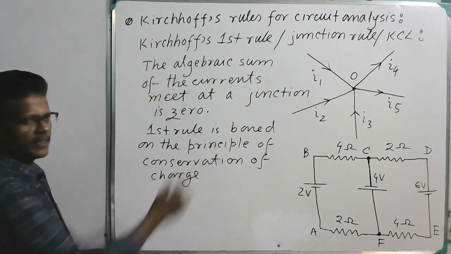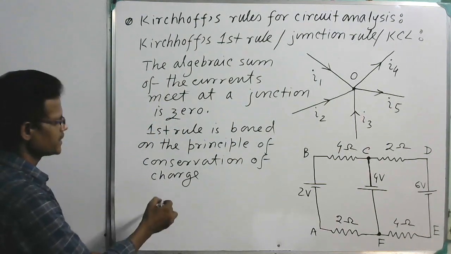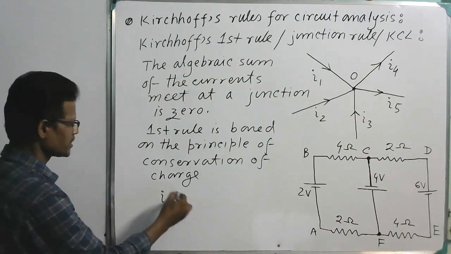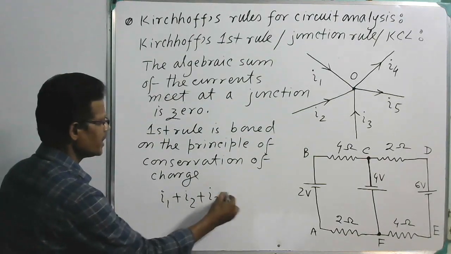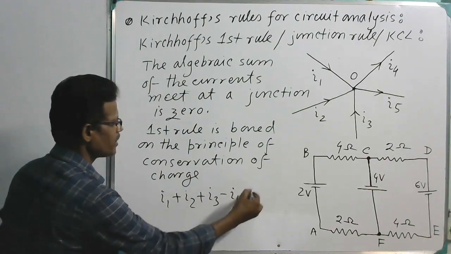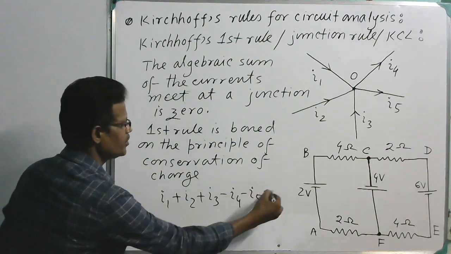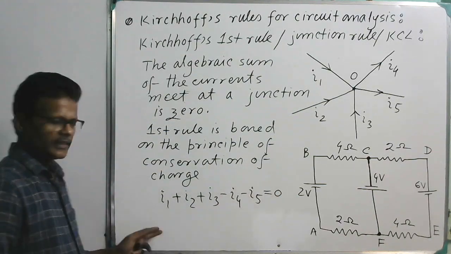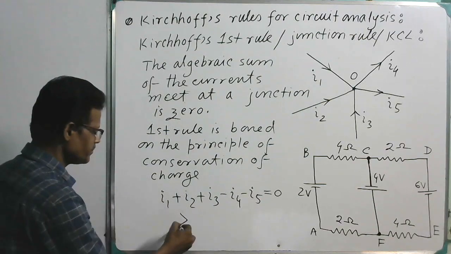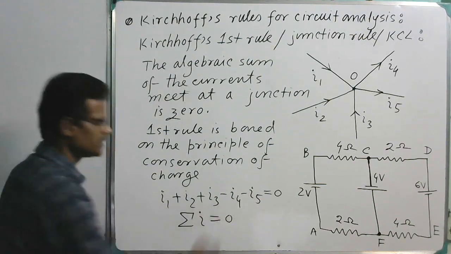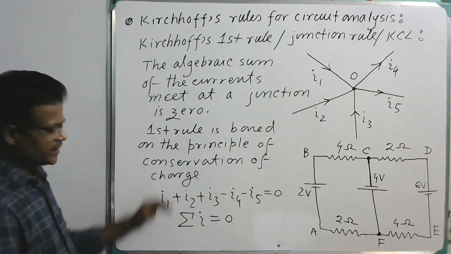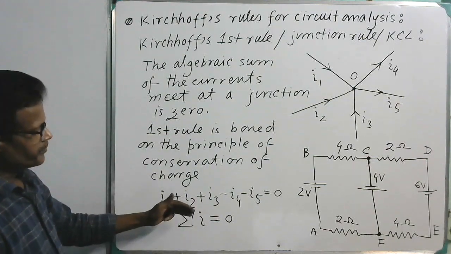So mathematically, we can express it as I1 plus I2 plus I3 minus I4 minus I5 equals 0. This is the algebraic sum, or simply summation of I equals 0. So this is a very simple law.